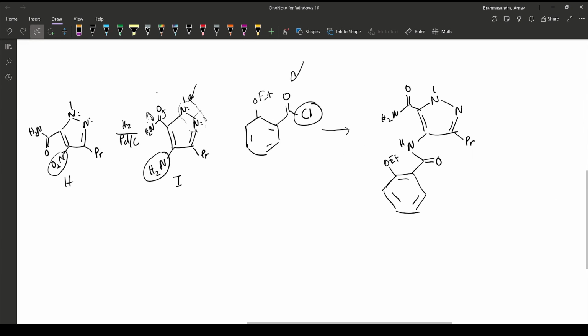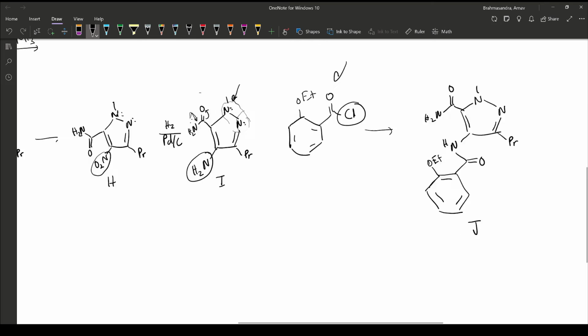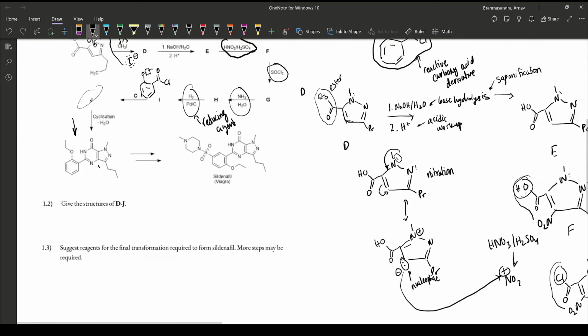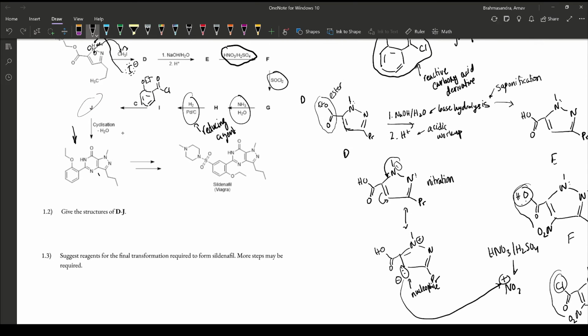So you can see that we just figured out most of this problem, right? Now we found J, and the next steps are basically given to you. You have a cyclization and loss of water that forms this guy, and with a few more steps, you form the actual compound in Viagra.